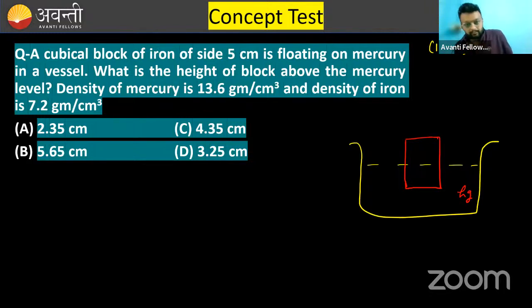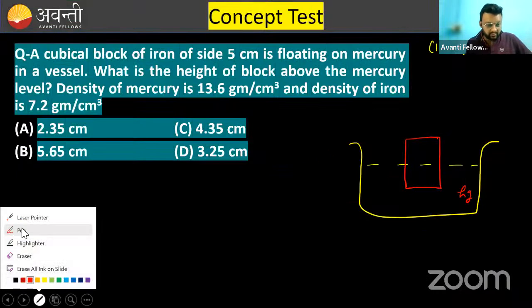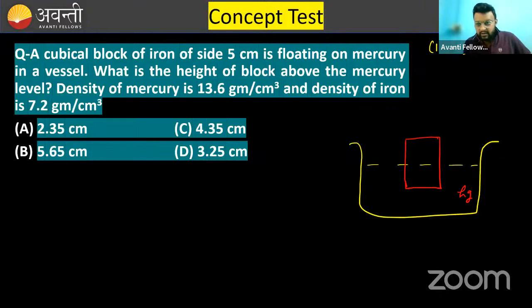The height of the block above the mercury level is asked. So let's suppose the height above the mercury level is h. Then you know the total side of the cube is 5 centimeter. If the side above the mercury level is h, then the remaining side will be 5 minus h.